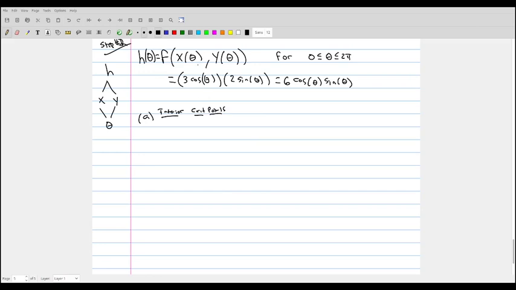So what's nice is that you can use the multivariable chain rule, that h prime of theta is going to be equal to the x partial derivative of f times x prime of theta, plus the partial derivative of f with respect to y times y prime of theta.